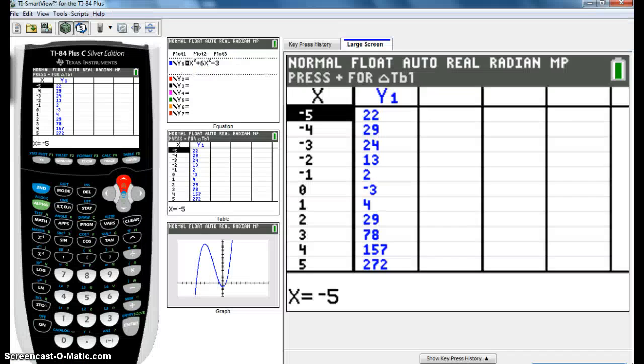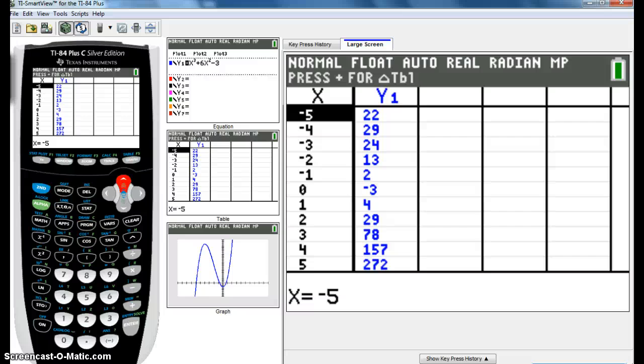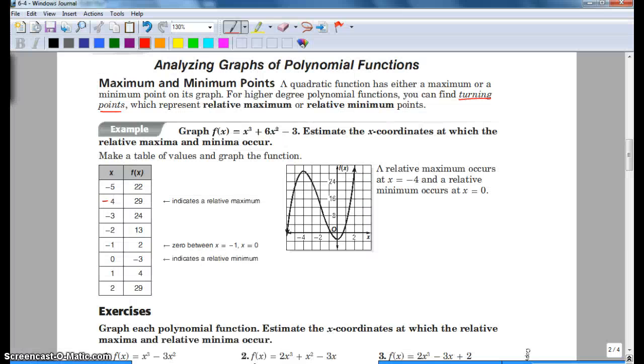Negative 1, 2. 0, negative 3. 1, 4. There it is, and then 2, 29. Okay. Some of these values we would be perfectly good with plotting. So let's maybe do some of these, if not all of them, to put it into perspective.